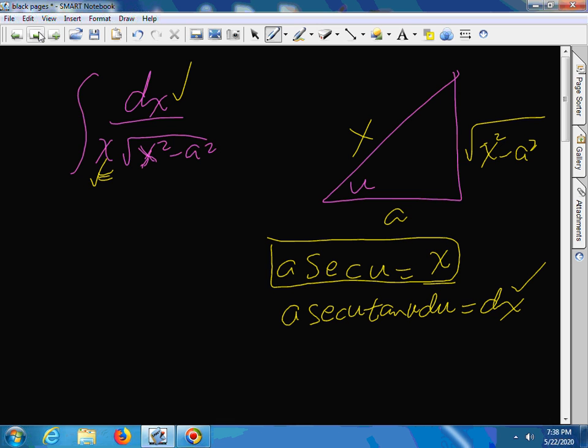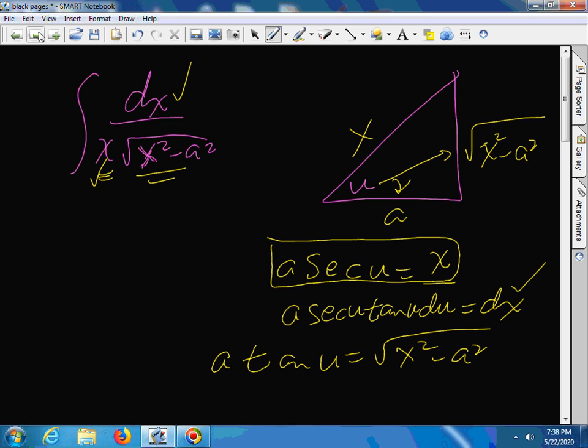All I need is this. Well, how about I do opposite over adjacent? That's tangent. The tangent of u is the opposite over the adjacent, which is a, which I can put here. I have everything. I have all three pieces. Dx is written this way, and it's in the top, so maybe I should put it in the top.